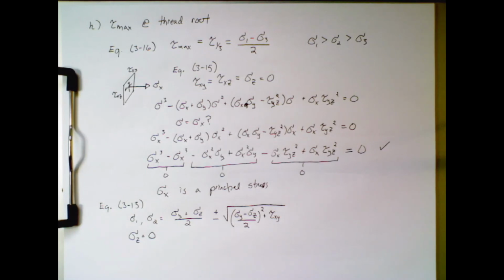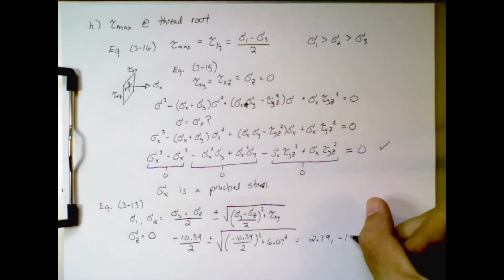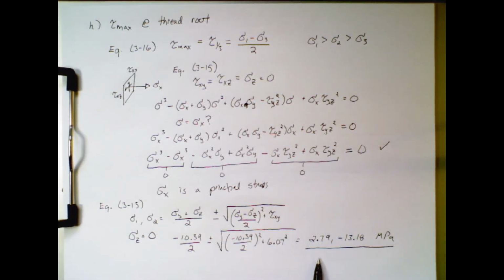First, we can note sigma z is equal to 0, and so that's going to simplify things. And then equation 313 is going to result in the following. Okay, so we find that the two additional principal stresses are 2.79 and minus 13.18 megapascals.